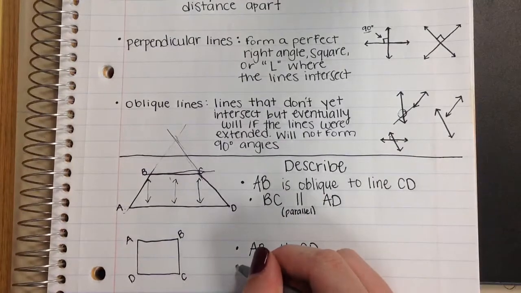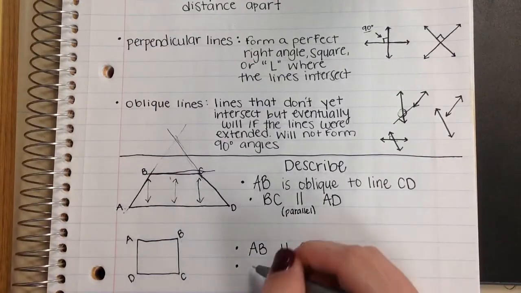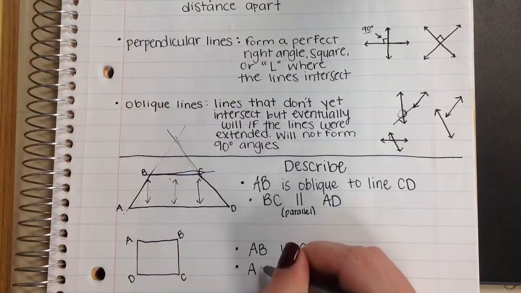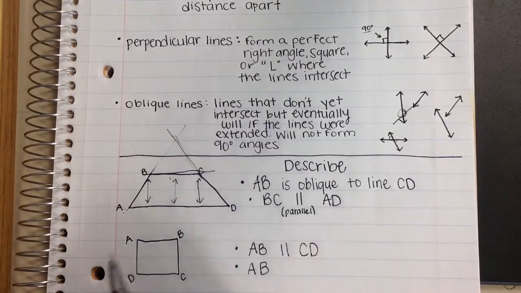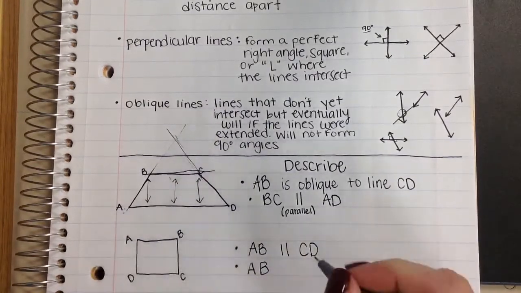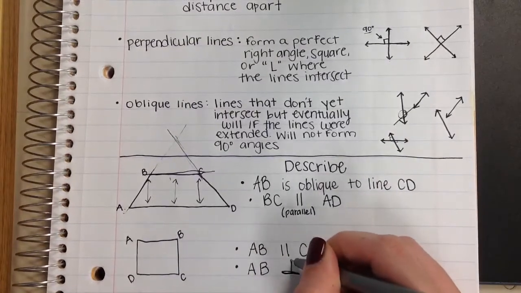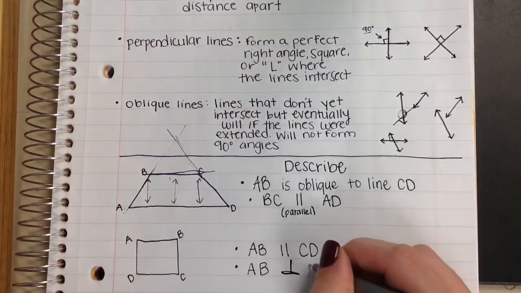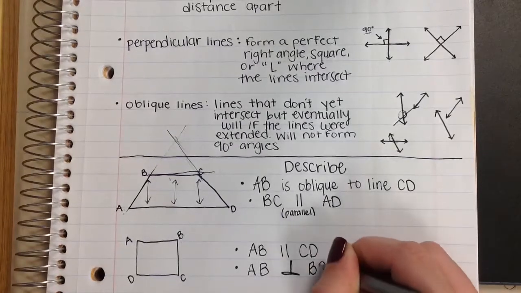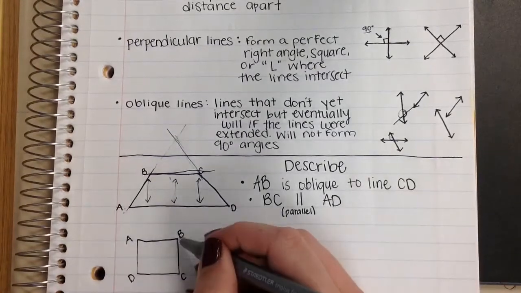We could also say that AB, which is this line here, is perpendicular, which is what this symbol means, to BC. And this is BC.